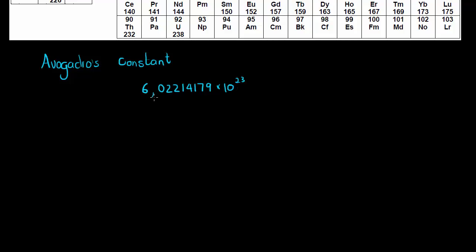That means this comma is going to move. It's not a decimal number, it is a natural number: 602214179 and another 15 zeros. It's a very big number.